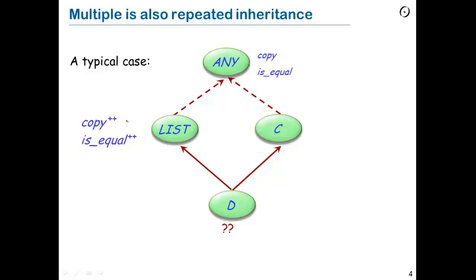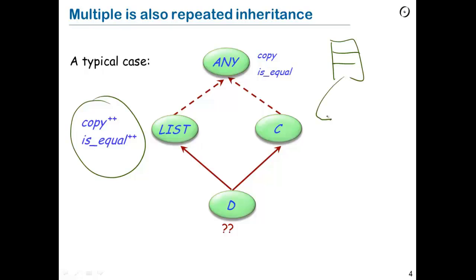Assume, for example, that list, and this is indeed the case, has its own version of copy and its own version of the equality comparison. Actually, this is indeed the case, since when we copy a list, we don't just want to copy the list header, that's where the list object is, but typically a list, for example, a linked list, is going to have other objects that represent the list. So the list object per se, or at least linked list, but I'm using list here for short, is just the header.